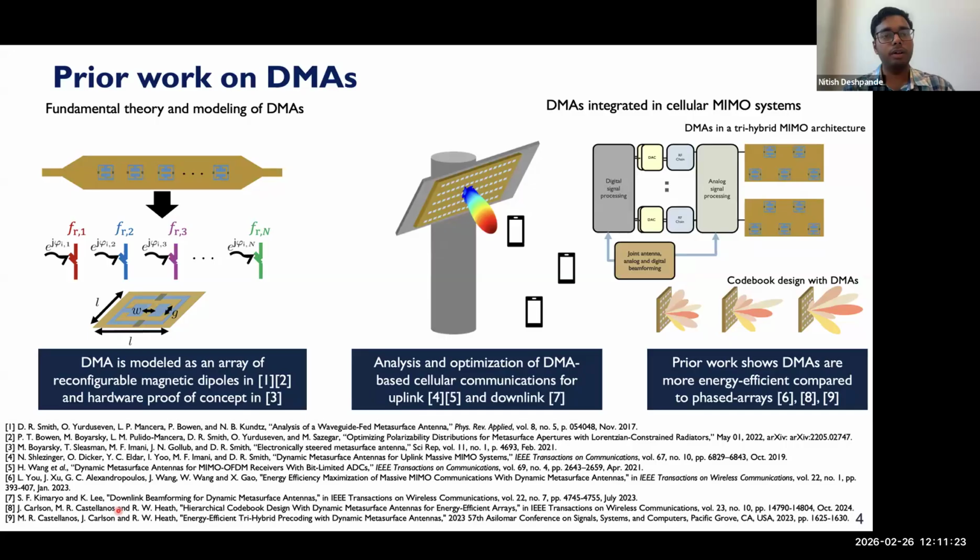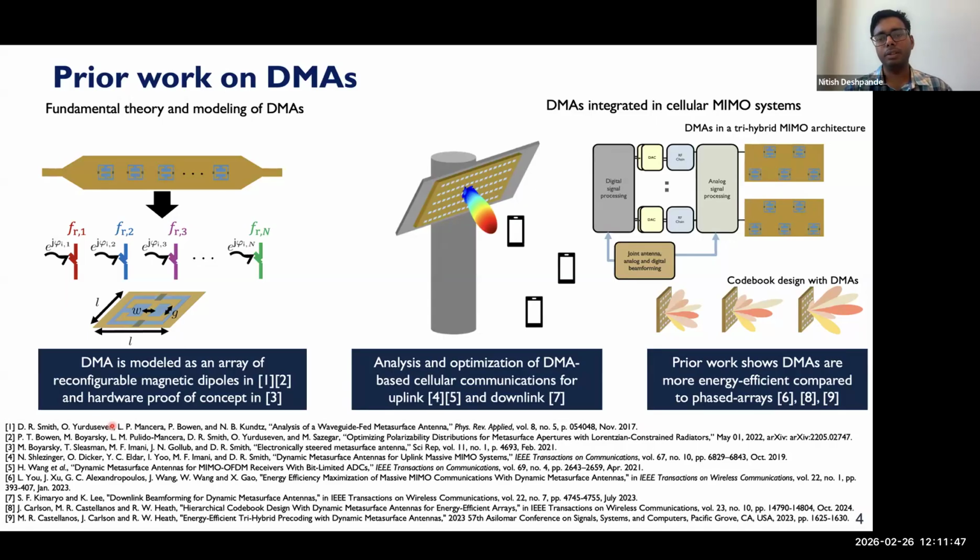Let's look at some prior work on DMAs. Much of the foundational work on DMAs was focused on modeling and analysis of this waveguide structure, especially at Duke University. The David Smith group focused on developing these fundamental models, and they also developed proofs of concept to verify those models.